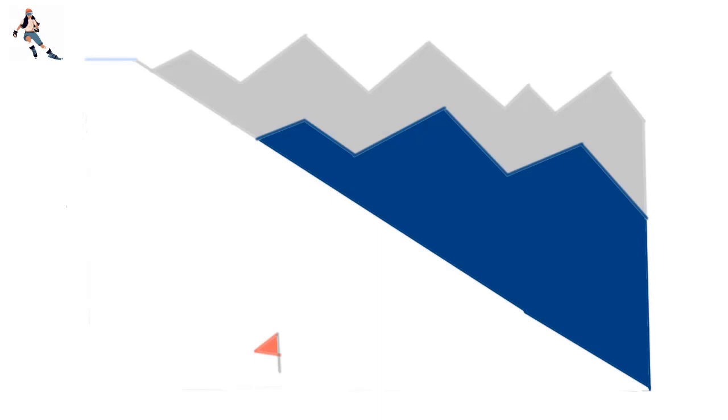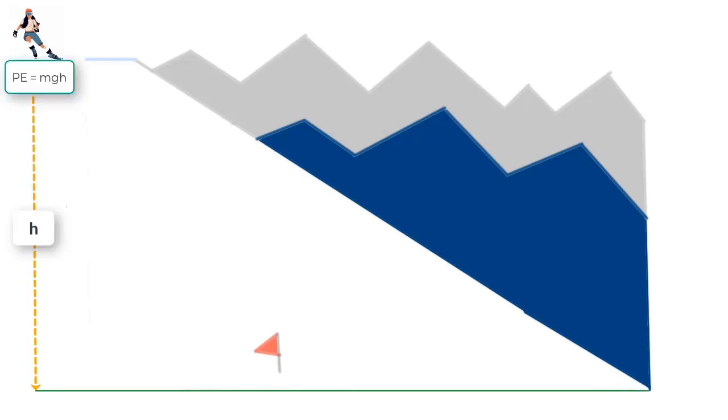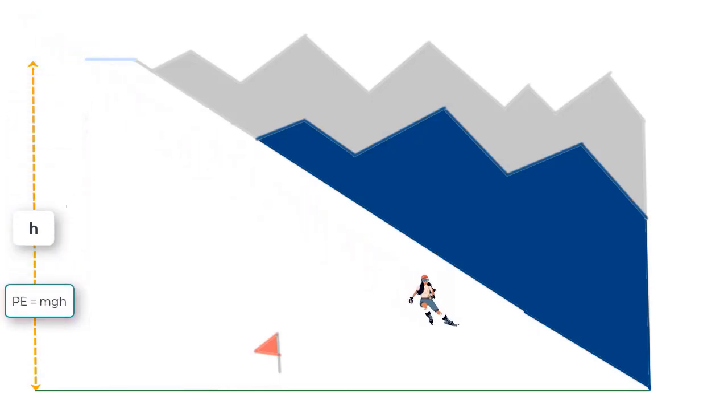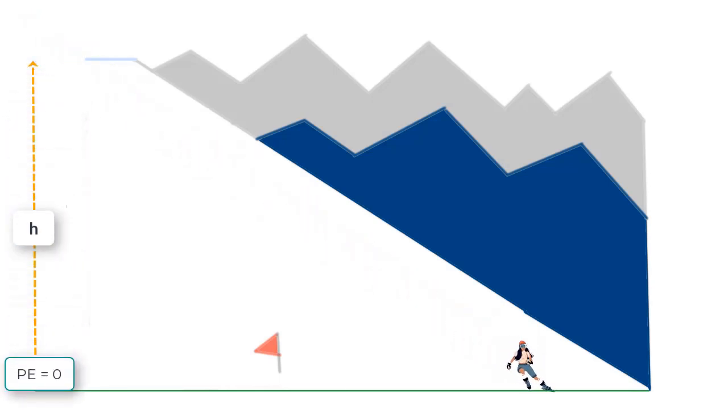Well, to explain the idea, I would first like you to imagine yourself to be in a ski resort where you are at the top of a hill. And since you have the gravitational potential energy, you can slide down the hill, but while doing so, you lose the potential energy when you reach the bottom of the hill.